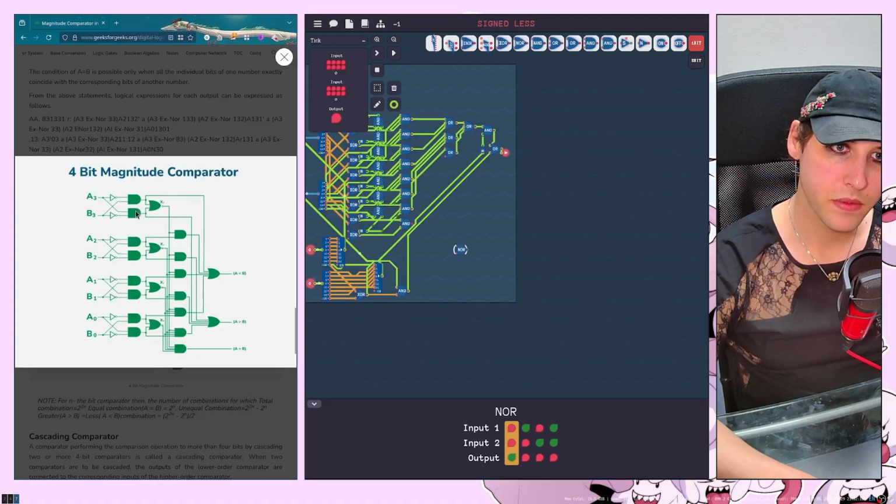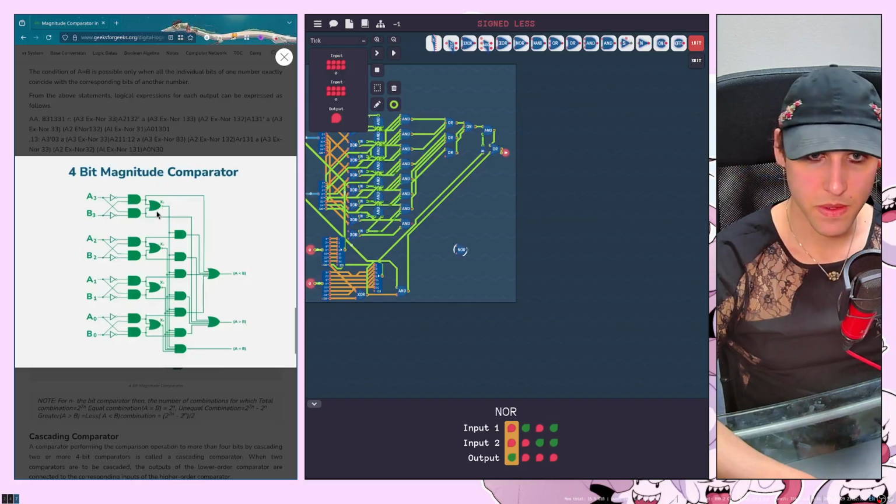Yes. If both of these are false, that is the only way this would give a true.